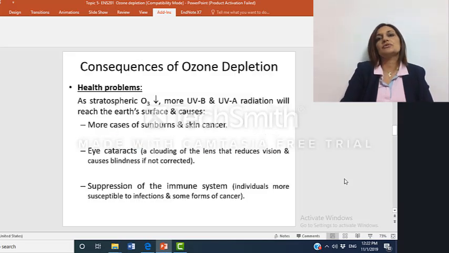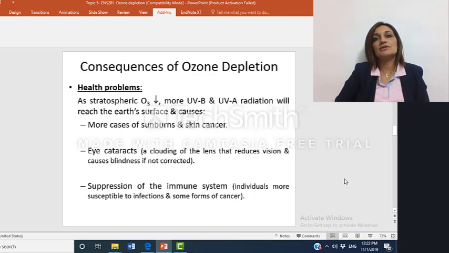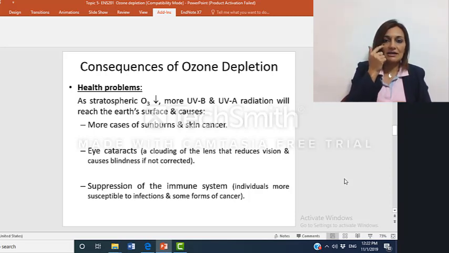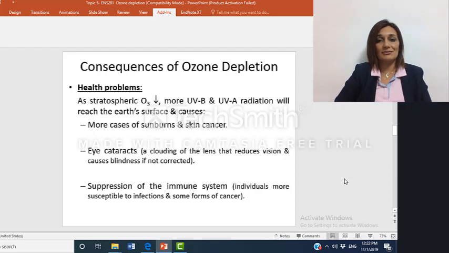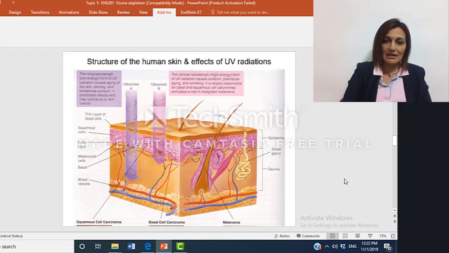Health problems. Why should we be concerned? As we mentioned, more UV is hitting the troposphere, more mutation at the level of the skin, more skin cancer. Also, it might damage the eye, forming cataracts, and it might suppress the immune system, leading to susceptibility to infections and other cancer. Here we can see that the UV has UVA and UVB.